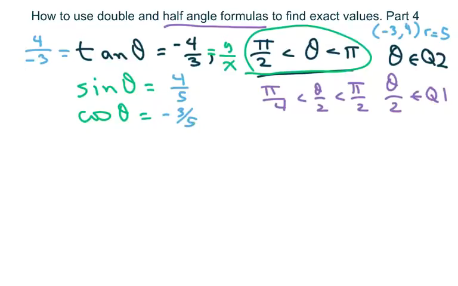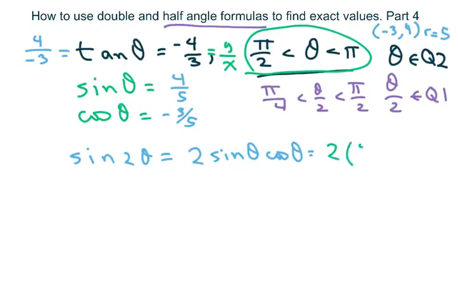And then we just use our double angle formulas. Sine of 2 theta equals 2 sine of theta cosine of theta, which equals 2 times 4/5 times -3/5, which equals -24 over 25.